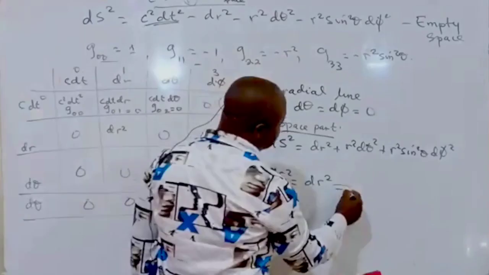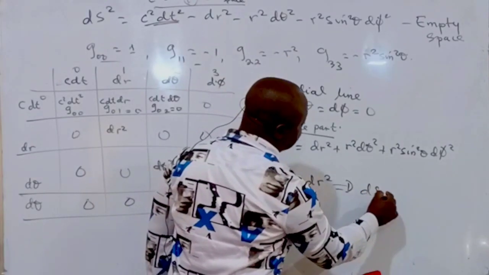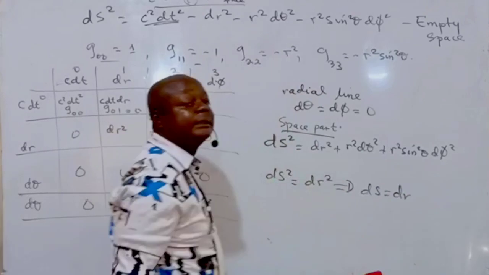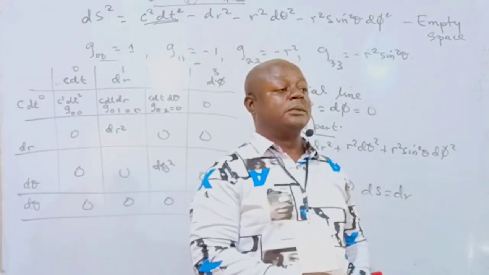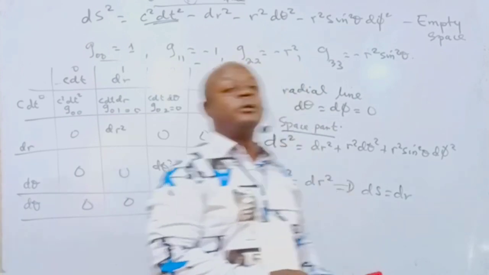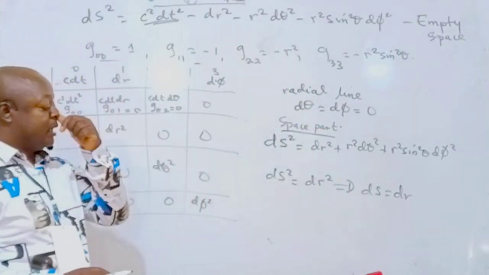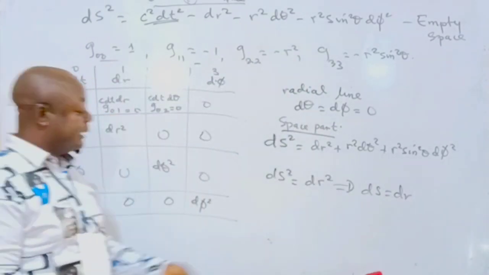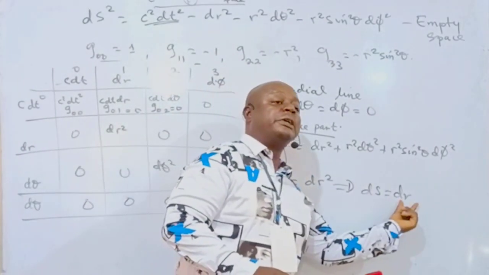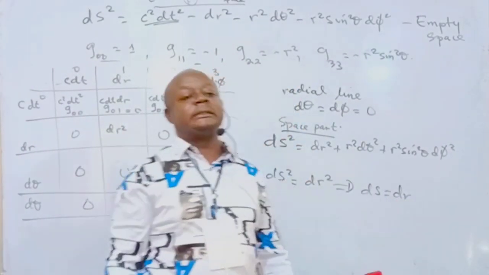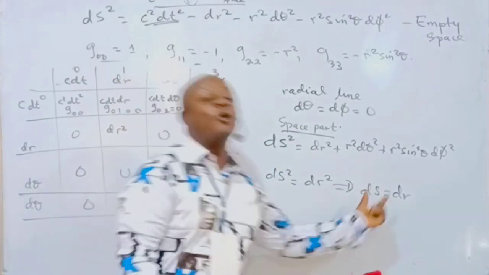So with this, we can now say the s is the same as the r. Okay? So what do we conclude from there? What we conclude from there is that the proper distance is equal to the radial distance, or the coordinate distance.